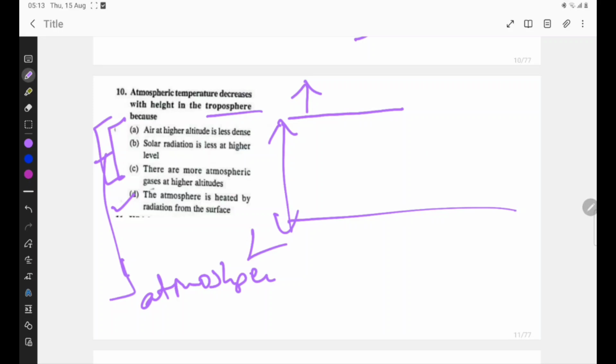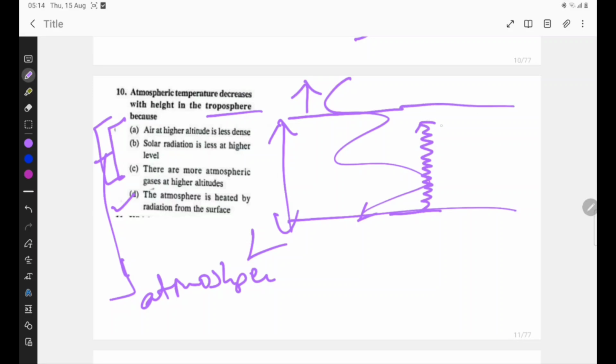So what happens in the troposphere is that, suppose this is the incoming solar radiation. Along with this, the Earth's surface also releases the heat energy it receives in form of terrestrial radiation.